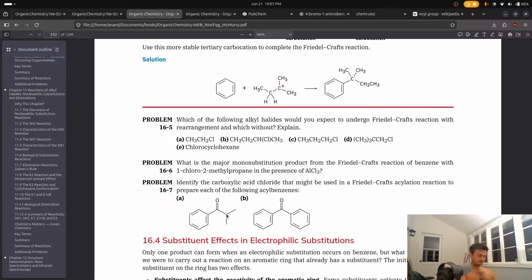I think it's going to be 2-methylpropanoic acid.